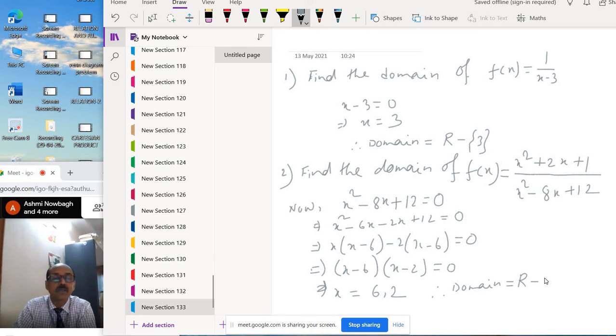So except 6 and 2, that means R minus {6, 2}. Clear now? So this is the answer. This is the domain.